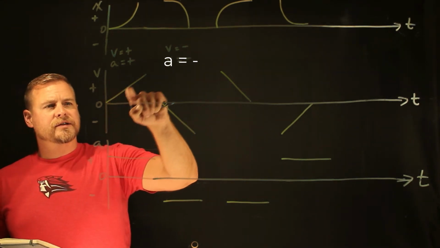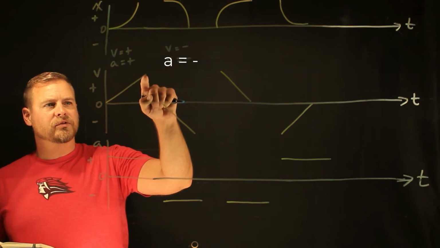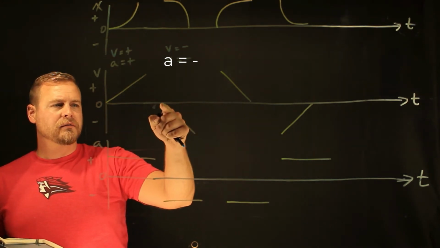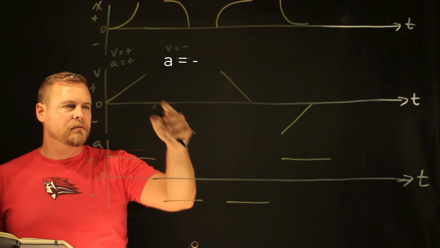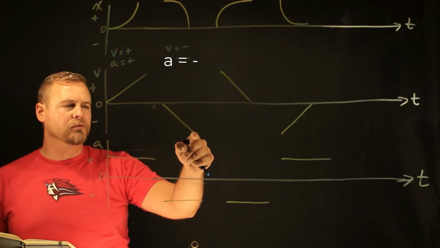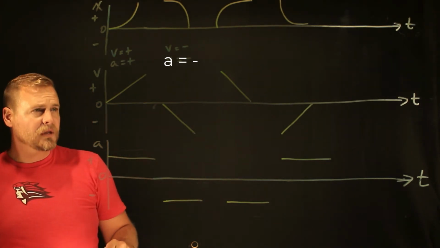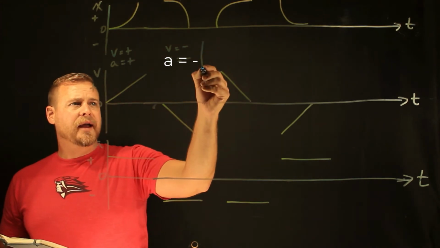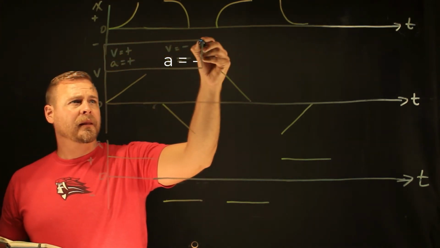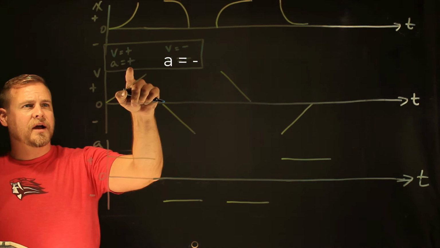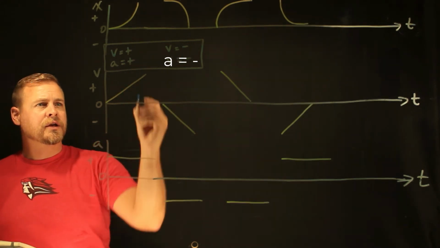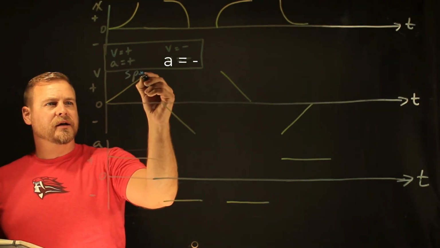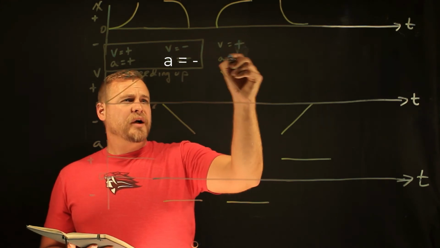So even though the velocity here is positive, you notice that the numbers get bigger to infinity. And even though this velocity is negative, the magnitude of the numbers will get bigger to infinity. And so whenever you have the same signs for velocity and acceleration, you will see a speeding up.